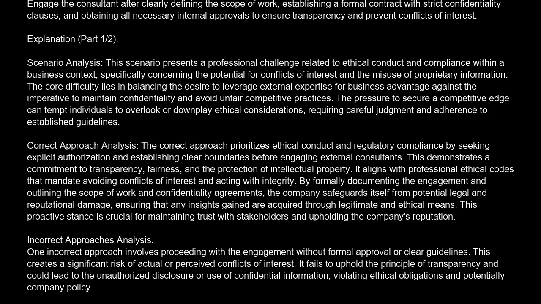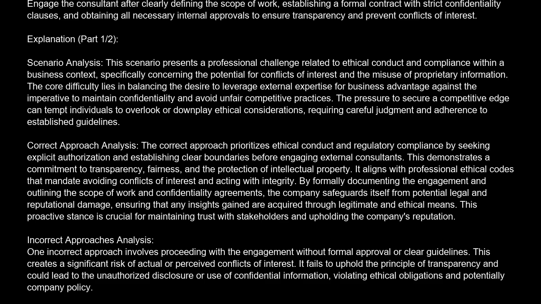By formally documenting the engagement and outlining the scope of work and confidentiality agreements, the company safeguards itself from potential legal and reputational damage, ensuring that any insights gained are acquired through legitimate and ethical means. This proactive stance is crucial for maintaining trust with stakeholders and upholding the company's reputation. Incorrect approaches analysis.